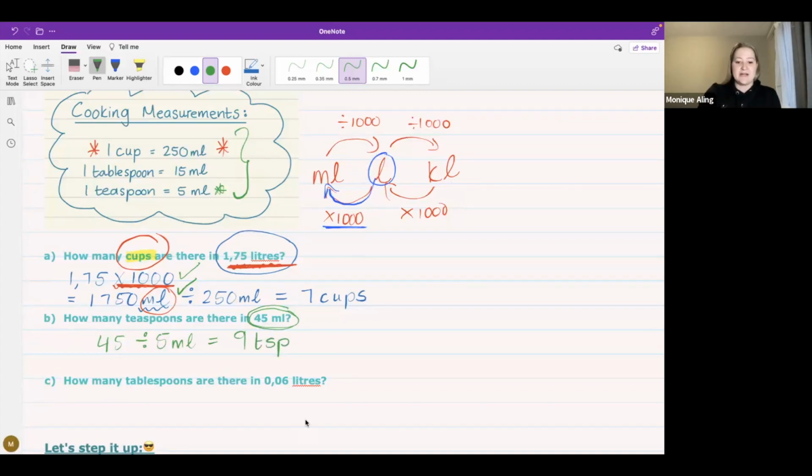Great. Well done. Okay, let's quickly try question C. Remember, our key thing to remember, it needs to be in milliliters.